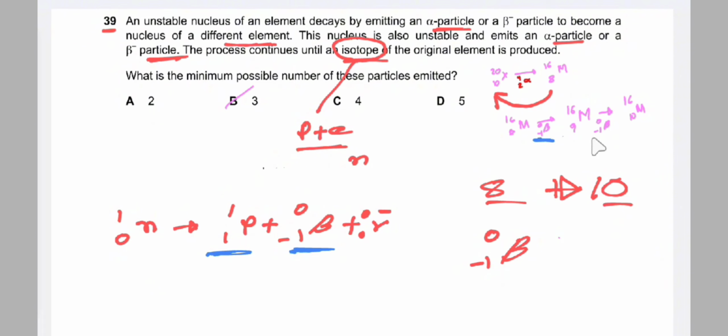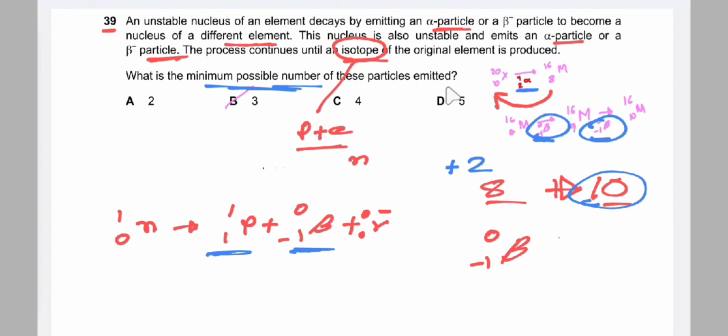So if 2 beta minus particles are emitted, 2 protons are produced, and the proton number can return to 10. So 1 alpha particle and 2 beta minus particles are emitted. What is the minimum number of possible particles? The minimum number of possible particles is 3. So the answer is B.